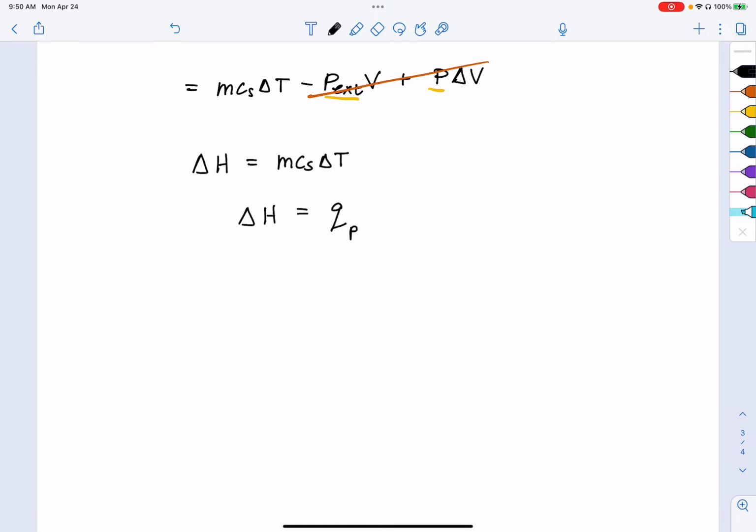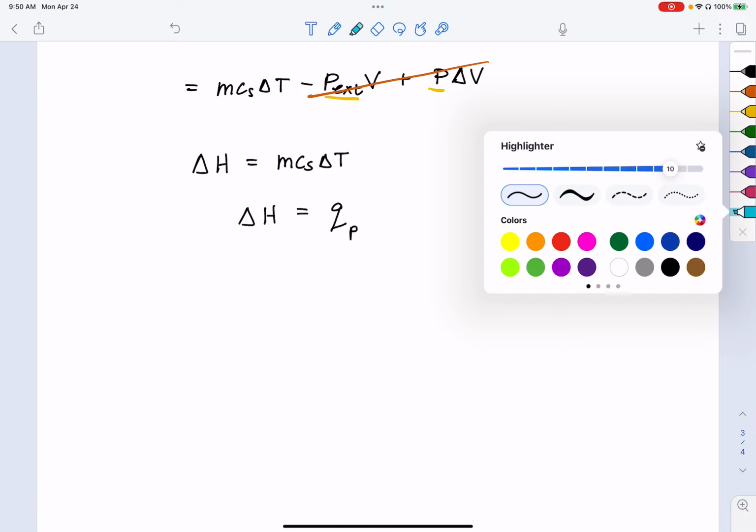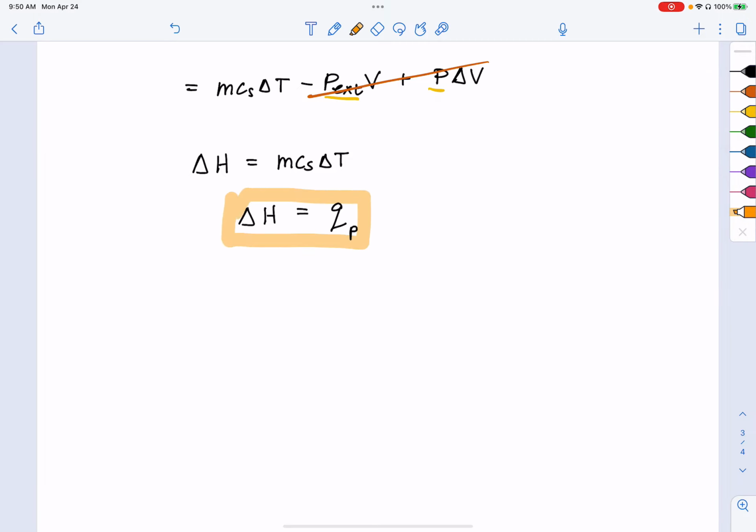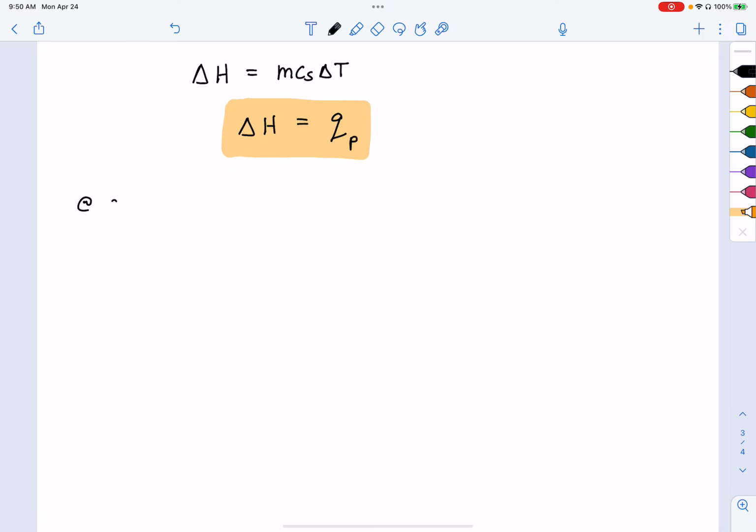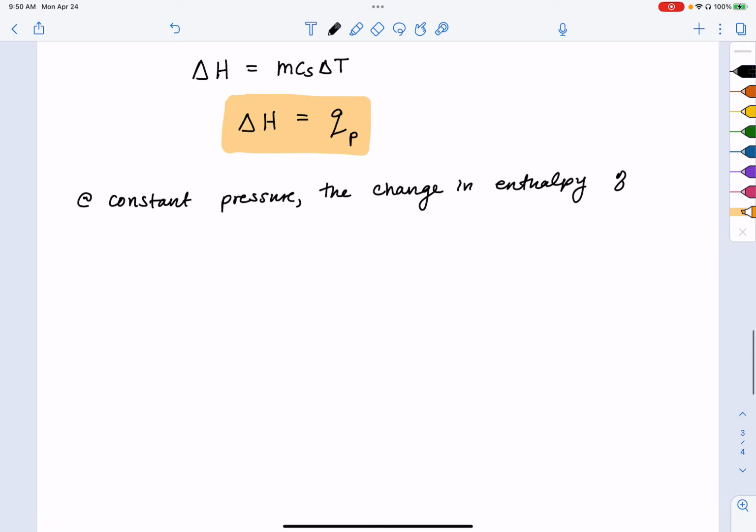Now, as mentioned in our lecture plan, this is really where we're going to live when it comes to thinking about enthalpy. So at constant pressure, the change in enthalpy of a chemical system is exactly equivalent to the heat exchange of that system.